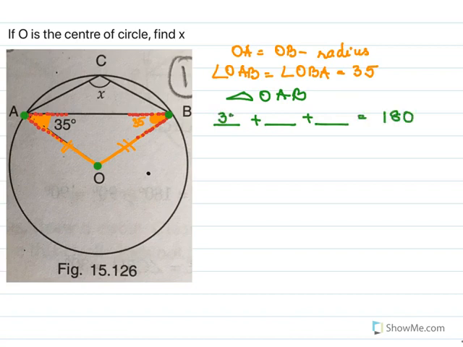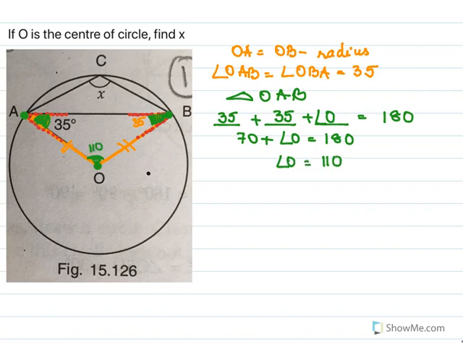You see the angles are 35, 35 and angle O. So this angle is 35, here is 35, and we need to find angle O. So 70 plus angle O equal to 180. So angle O will be 110.